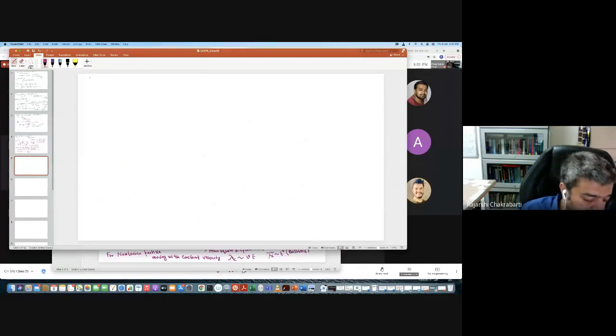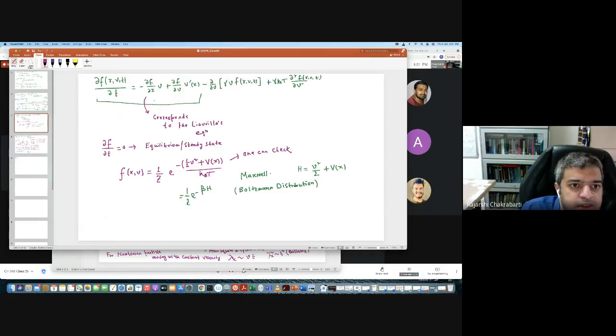So steady state means, of course, your equation now becomes, if you look into this, this equation again I'm writing.